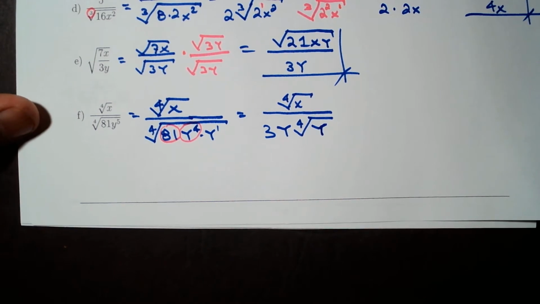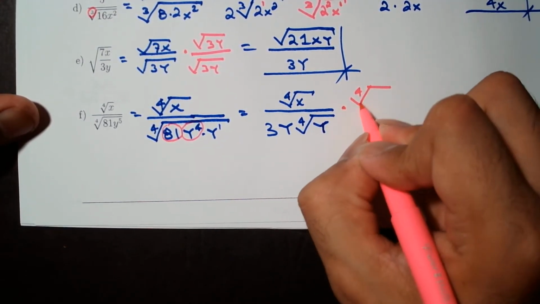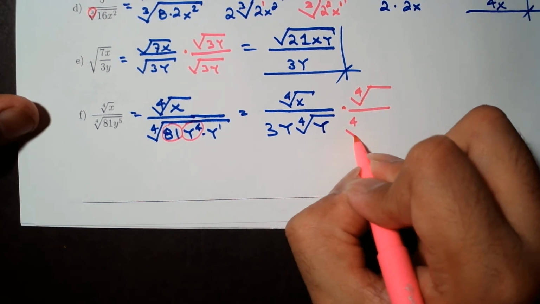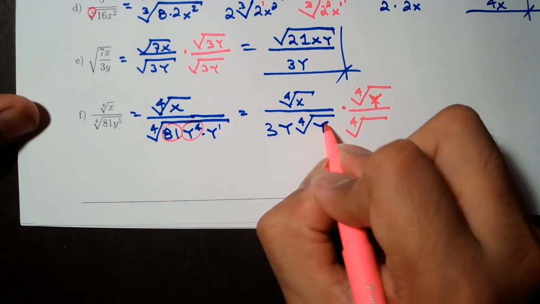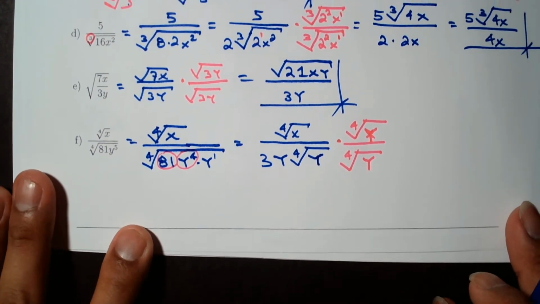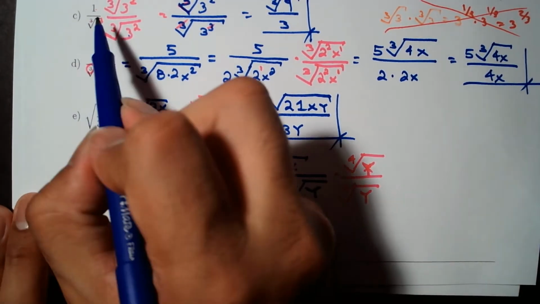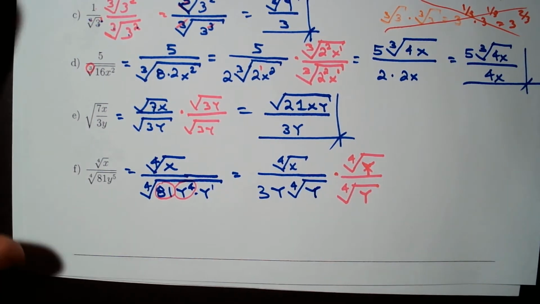Okay, so now we need fourth root of x, oh no, not x, actually it's y. Notice the one that we want to rationalize. Now, just the same way we did it with cube root, we had 1 out of the 3, we needed 2 more to complete the integer.